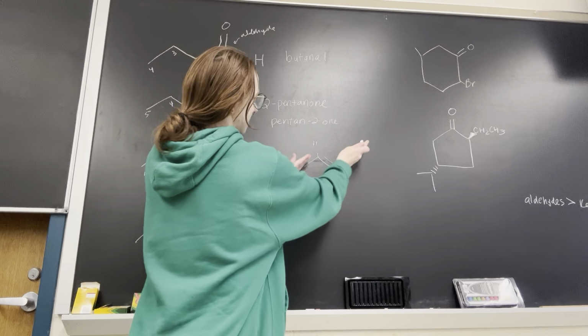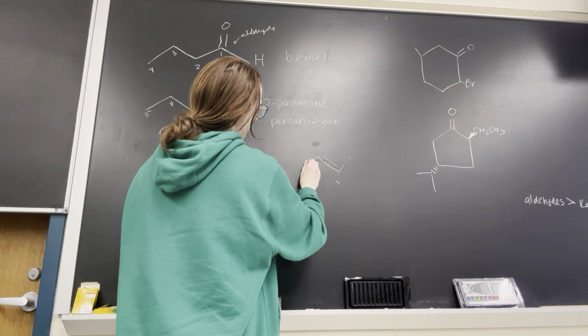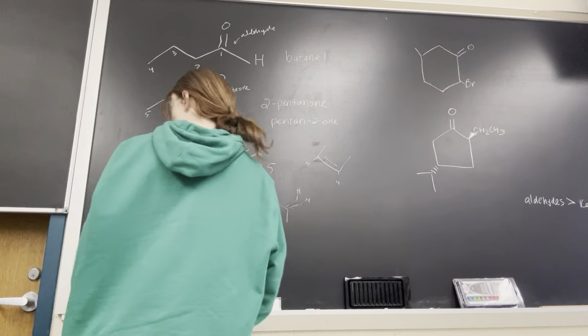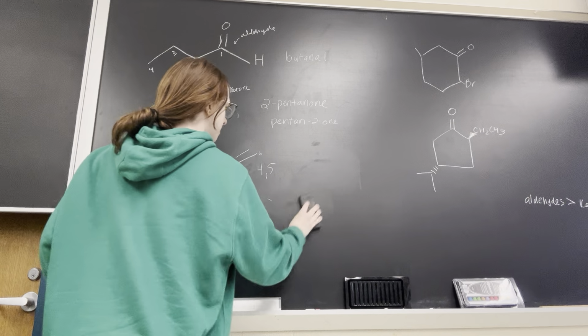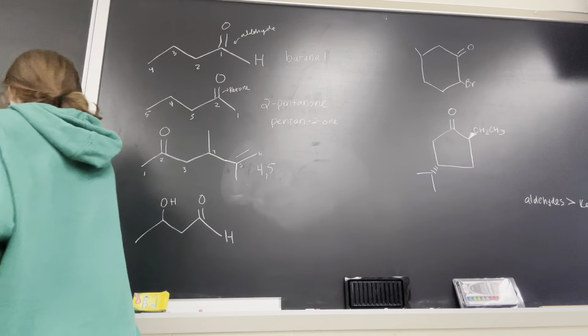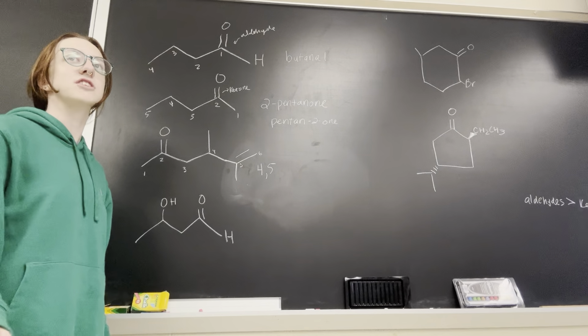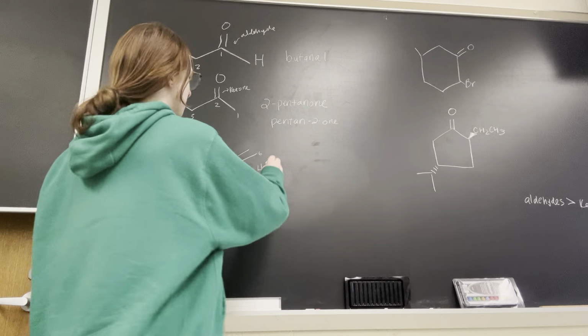So these are obviously going in different directions. If this were, they're pointing the same way. I think if you put cis or trans, she would take points off for this one. Yeah, so be careful, be careful.